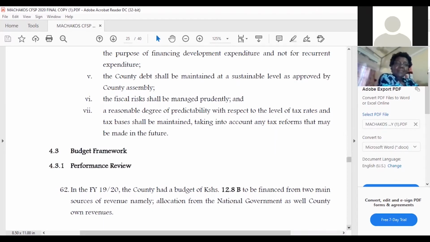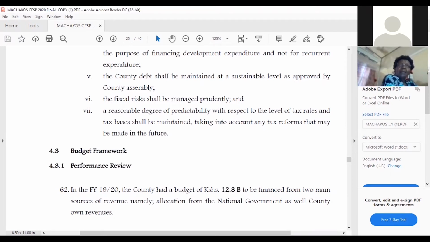So it is performance, projection, priorities. Yes, and ceilings.